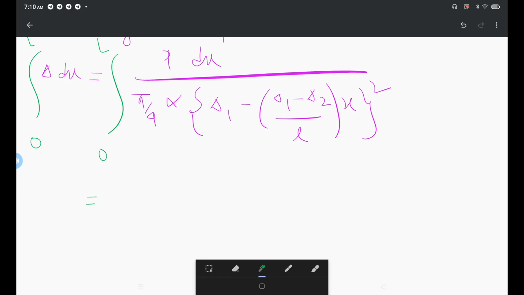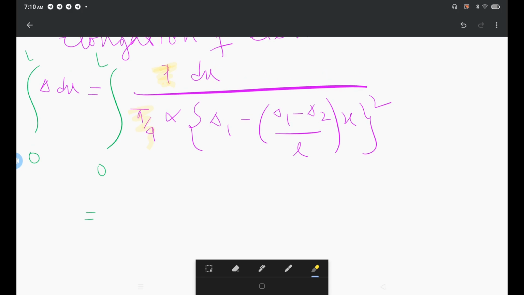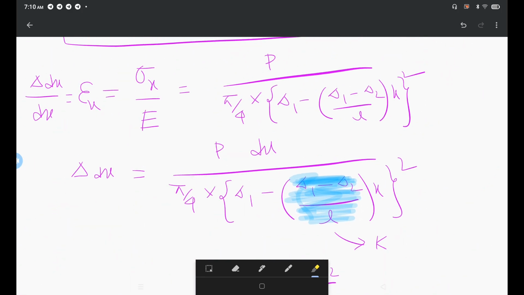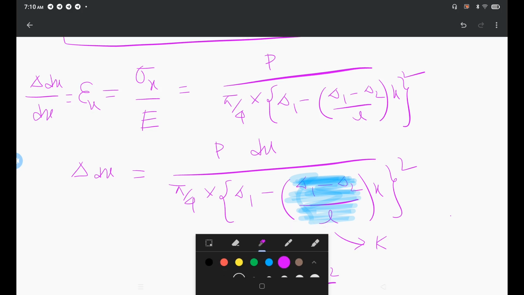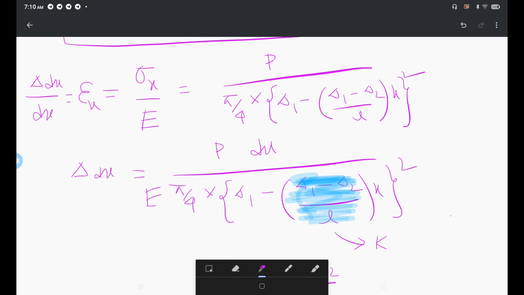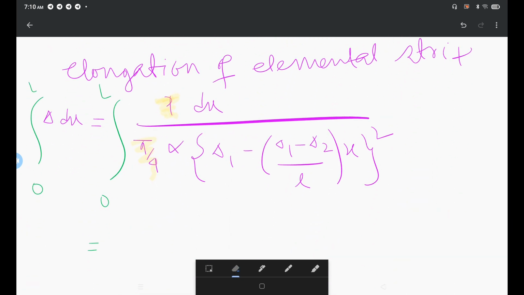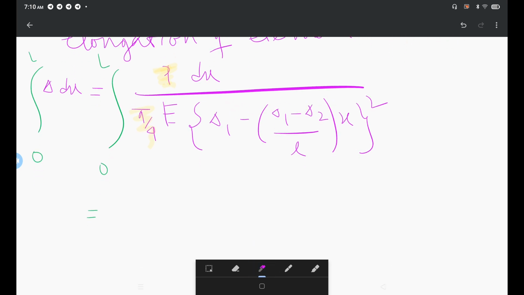Here our constant is P upon pi by 4, oh, there is some E here, sorry. Our constant here is P upon pi by 4 E, and this part is k.